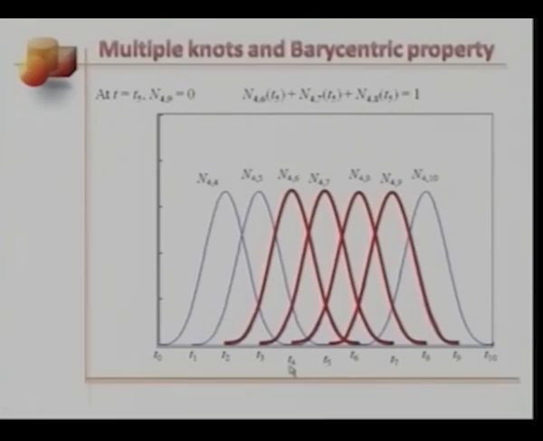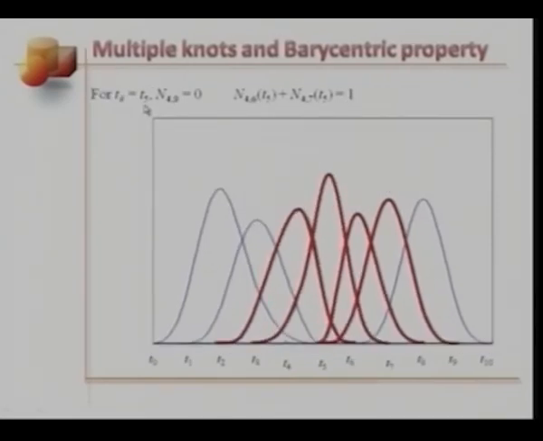So at one time we had t4 equals t5, at the other time we had t3 equals t5, and so on. And we observed what happened to this summation over here, or what happened to the local barycentricity property. So for a simple knot, N4,9 is equal to 0. So we have three basis functions summing to 1.